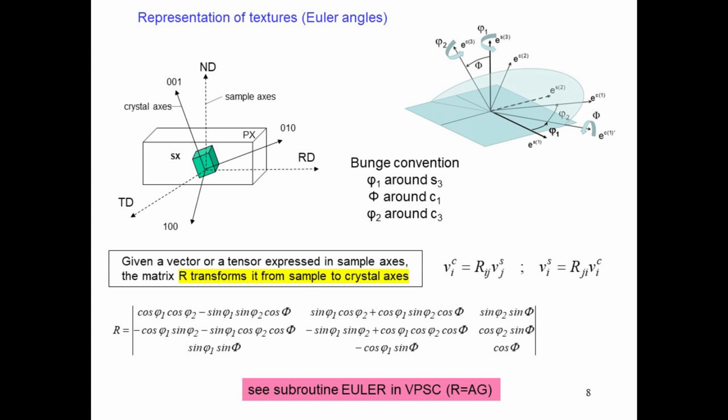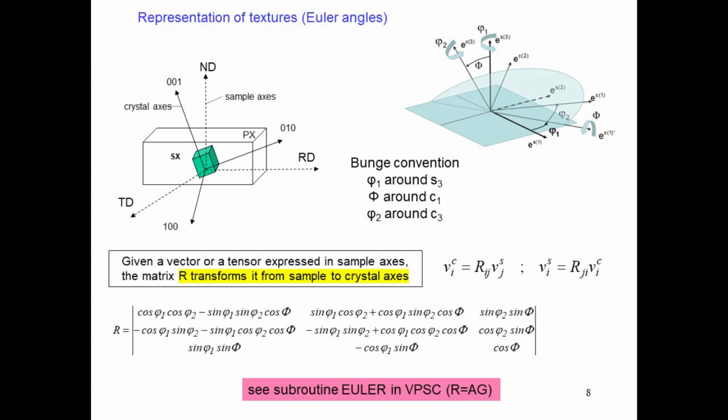In truth, we rotate each of the axes into the other axes, or we have a linear transformation that, given a vector in the sample axis, this matrix R gives you the components of that vector in the crystal axis.